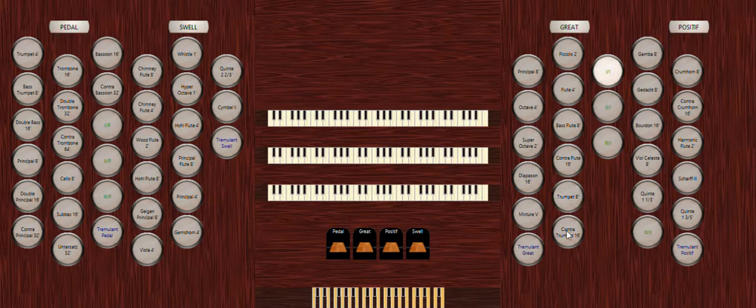Like so. Then a 16-foot Contra Trumpet. Should sound familiar with the 16-foot trumpet in the Berea Church organ, because that's literally what it is. I literally just took the audio from that organ and threw it into this one.